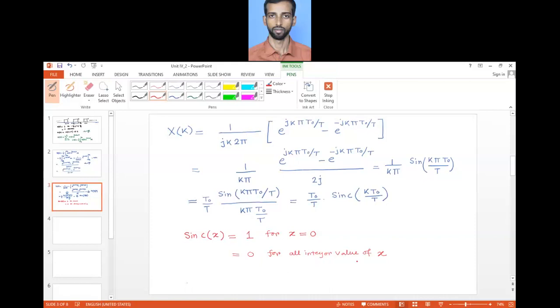So basically a decaying function. So what we have ultimately, x of k is given by t naught by T sinc k t naught by T. And you can also plot this one.